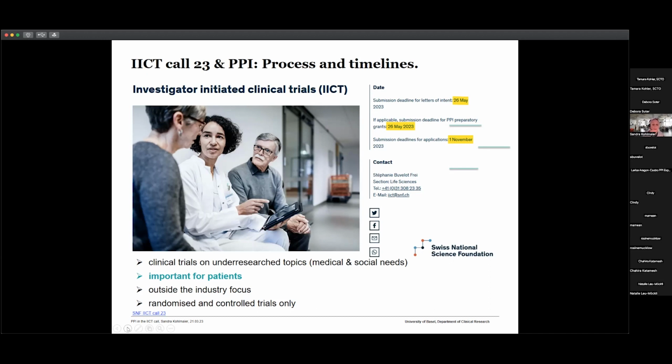So the IICT call is really for clinical trials with an unresearched topic, or let's say with a medical need or a social need. And very, very important, the clinical trial has to be important for patients. And that's also the point why PPI is so important for this call now. It has to be outside of the industry focus, and it has to be a trial which is randomized and controlled.